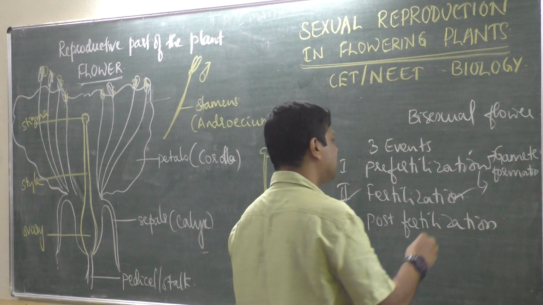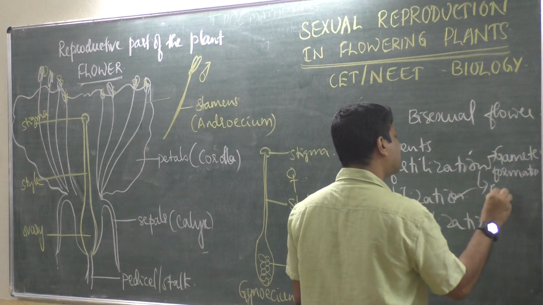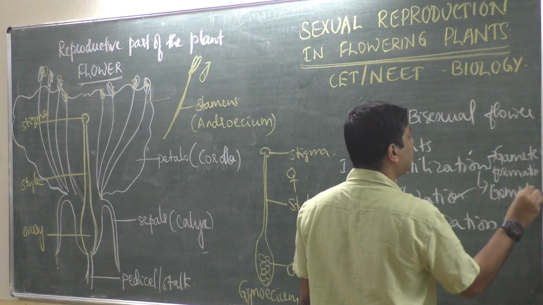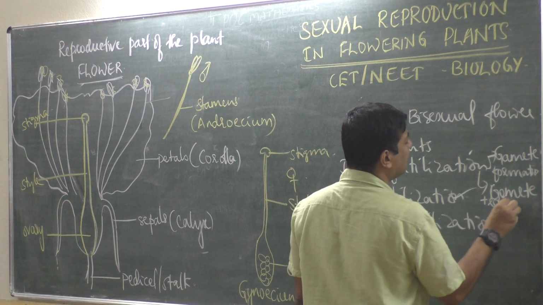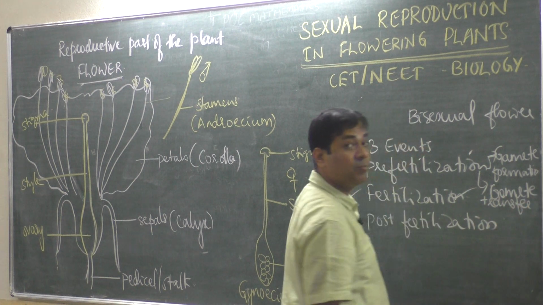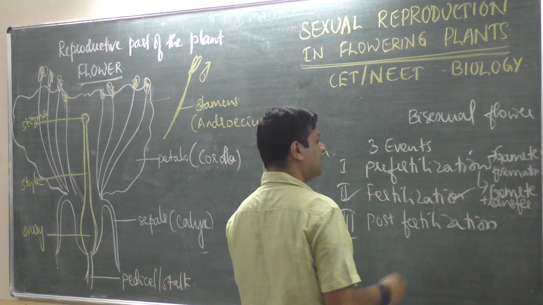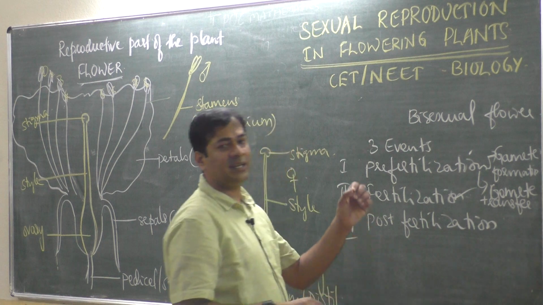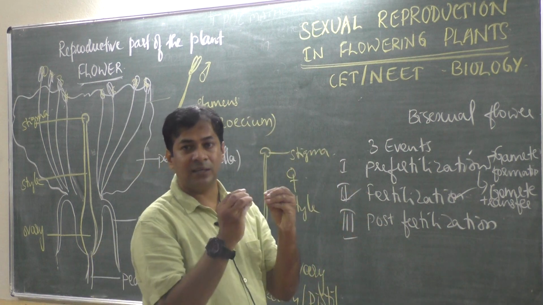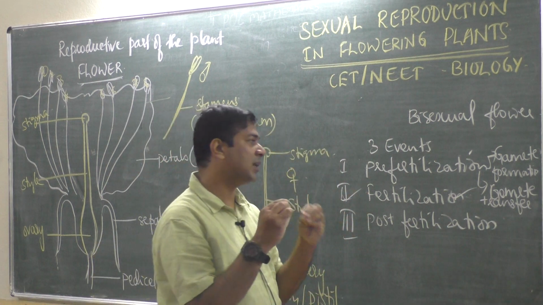That is nothing but gamete transfer. Gamete transfer in plants is by pollination. It is transfer of pollen grains from anther to stigma. Then, once pollen grains are transferred to stigma, comes fertilization, union of male and female gametes.